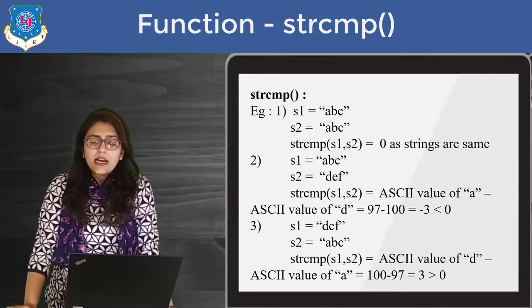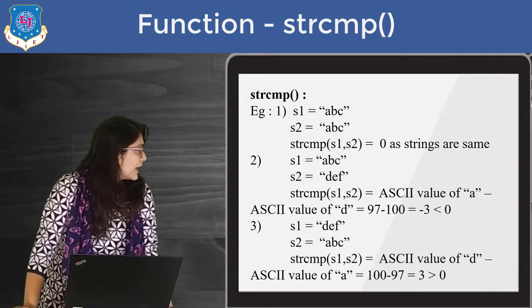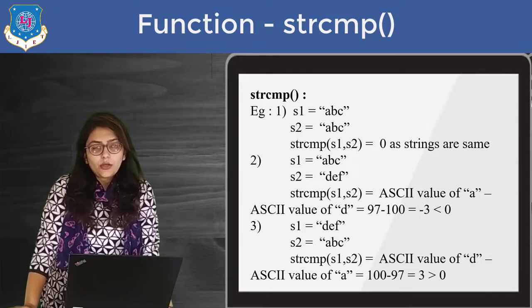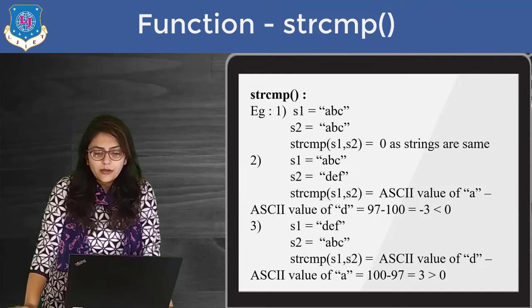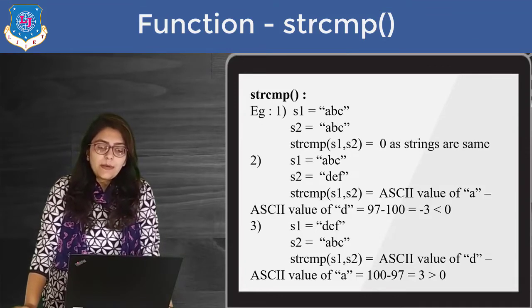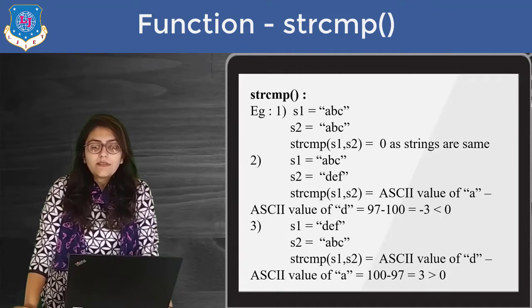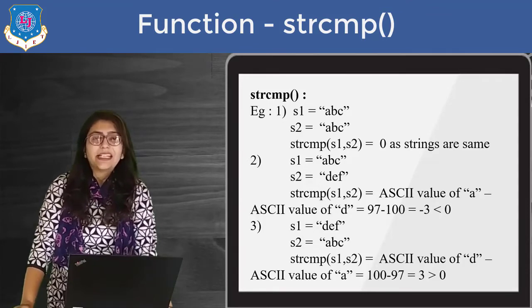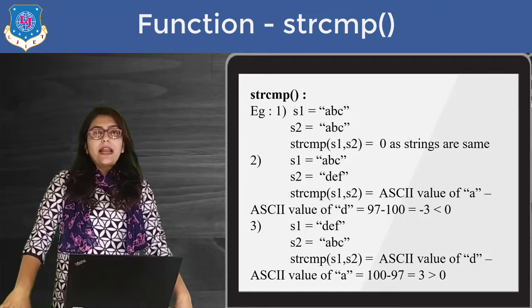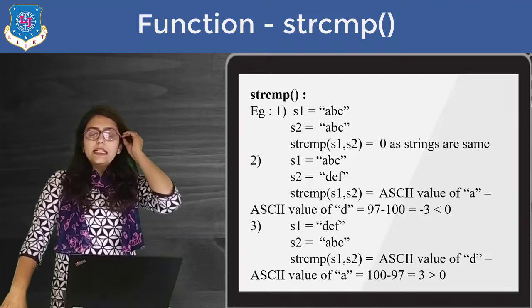If I use strcmp over S1 and S2, it will give me 0 as both of the strings are similar. Suppose I take S1 as abc but S2 as def. In this case, the ASCII value of a minus the ASCII value of d will be 97 minus 100, so minus 3. So what exactly is being done?